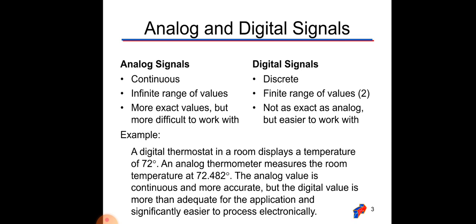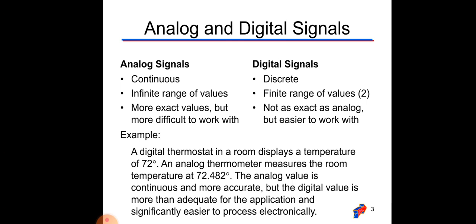As the analog signal is a continuous waveform, there are infinite values plotted in that sine wave or any analog signal. In digital signals, the values are a finite range, that is 2: either 0 or 1.